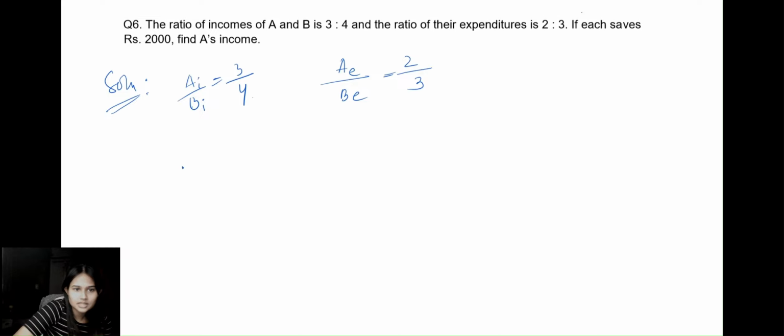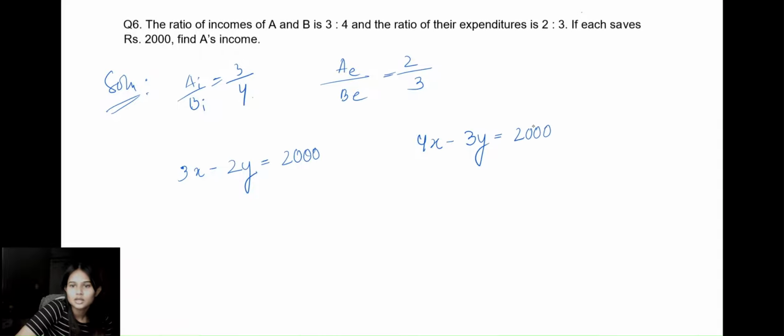So can we say that 3x minus 2y equals 2000? And also 4x minus 3y equals 2000? Because if we suppose income is, for A, income is 3x and for B, income is 4x.